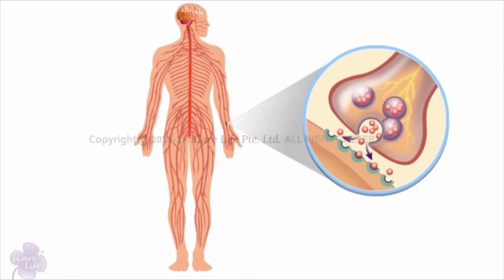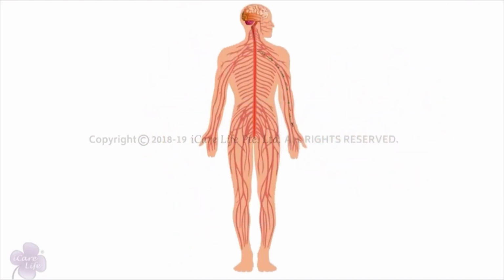Let us now look at how the somatic nervous system works with the central nervous system to enable conscious actions. When a neuron in a nerve receives a message from a body part, it releases chemicals known as neurotransmitters. The neurotransmitters travel across the synapse and carry the message to the next neuron.